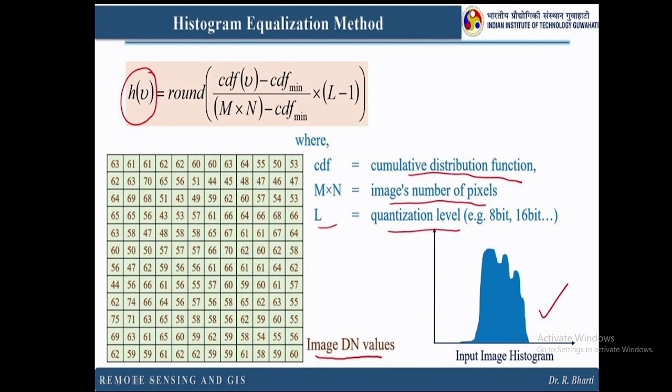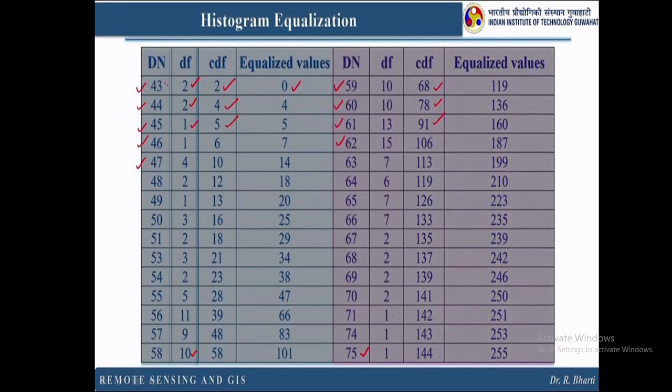This is the row and column of values like 63, 61, 62, 60, 51, 43, 53, 77. This is one image's pixels and digital number values. This is histogram equalization.